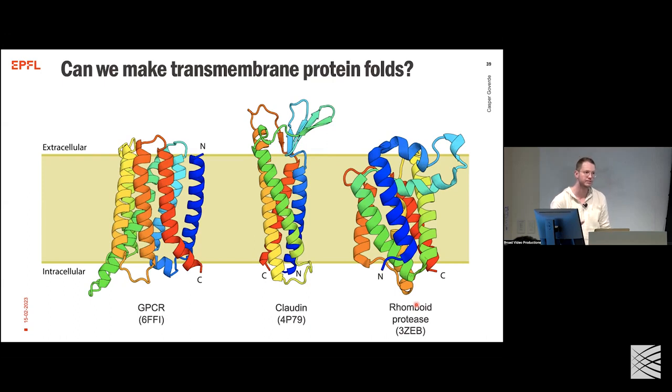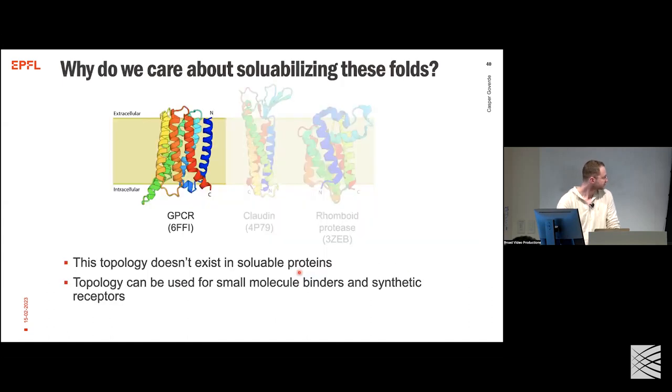Are these topologies only possible in the membrane, or is it also possible to have them in a soluble form? I want to give you an example of the GPCR, what we've been working on, and we actually got some very exciting results last week.